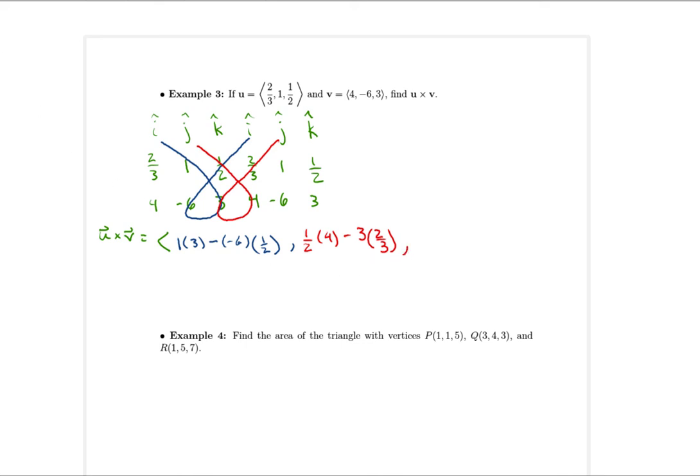And then one more color here for my k's. My k component will be 2/3 times -6 minus 4 times 1. And that's going to give me my cross product.